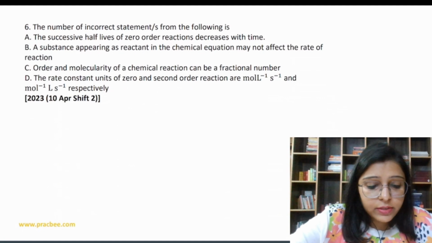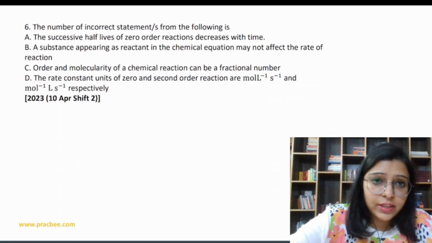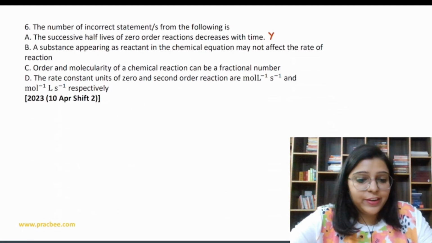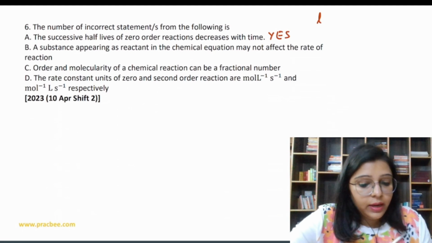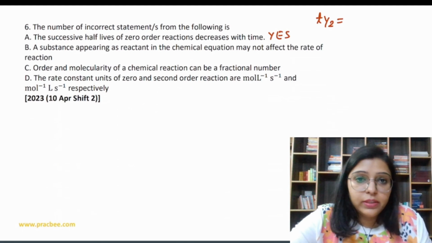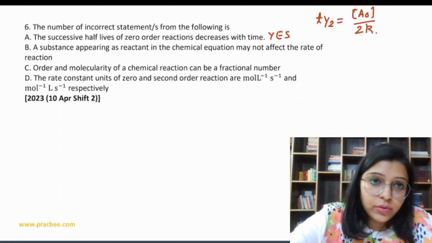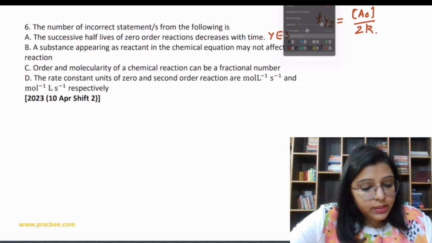So the number of incorrect statements from the following is: the successive half-lives of zero order reaction decrease with time. Yes, we have already discussed, right? So T half is what? That is A naught upon 2K, right? So successive half-lives of zero order reaction decrease with time. Yes, it is true. How can we say that?